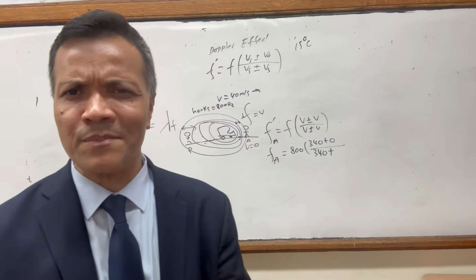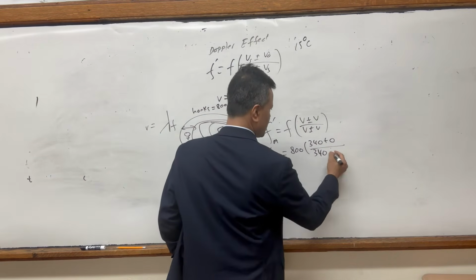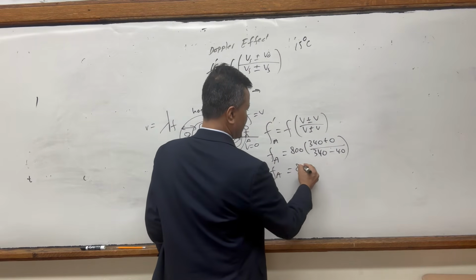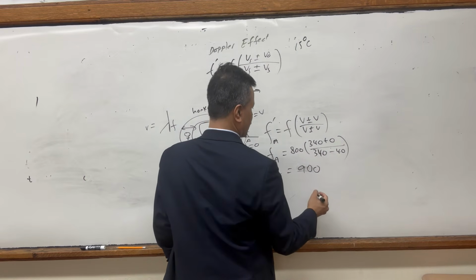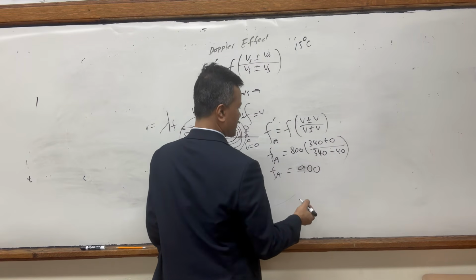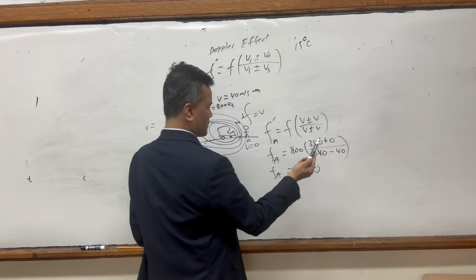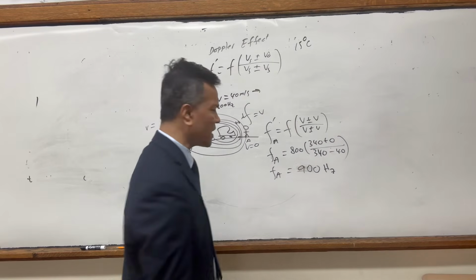To have the high pitch, the bottom has to be smaller. So 340 minus 40 is 300. So 800 times 340 divided by 300 is about 900 hertz, more or less. So we're going to call it high pitch.